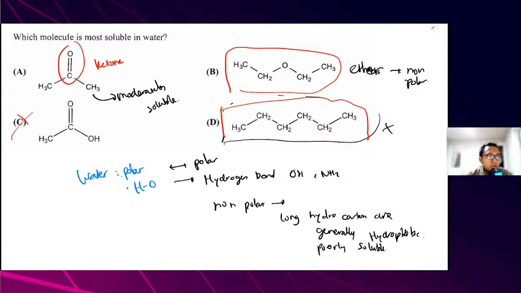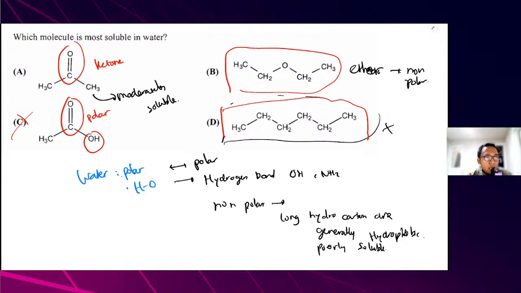Why? Because we have the polar group CO, so we fulfill the requirement of having a polar molecule to be soluble in water. How about hydrogen bonding? It has OH over here.